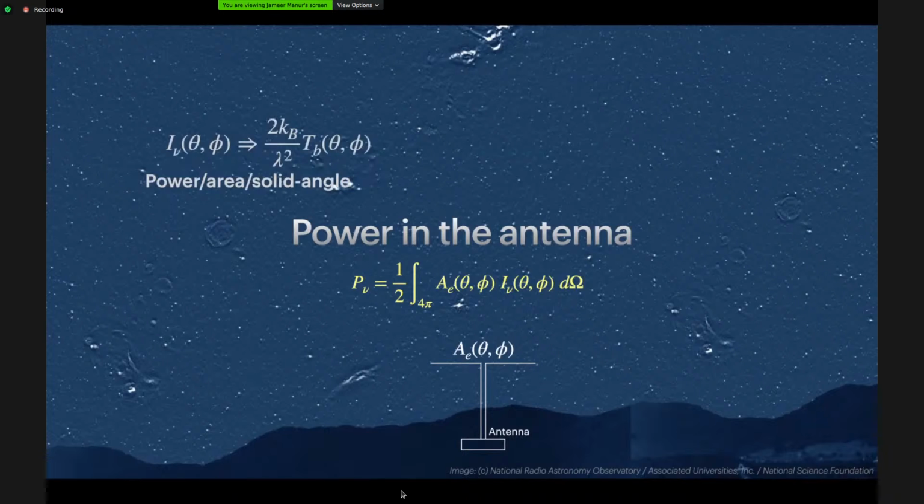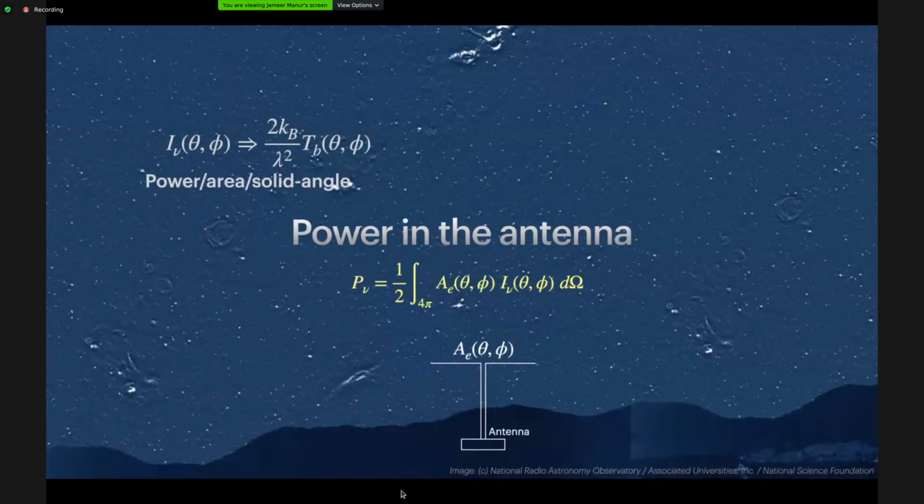What one can go ahead and do is define, in the Rayleigh-Jeans limit, a brightness temperature: you take the intensity of any particular source or any particular region of the sky, see how much flux it gives, and try to assign a brightness temperature to it. This is something you must have heard in the previous lectures too. Essentially, you're equating the intensity you're getting in a small band to the flux that a black body of some temperature would produce.